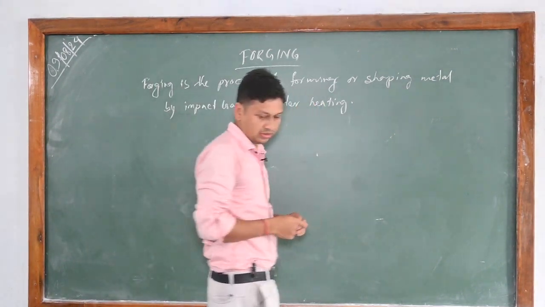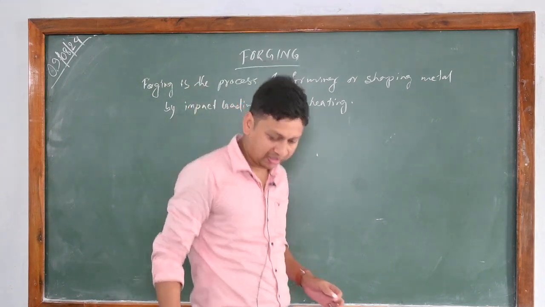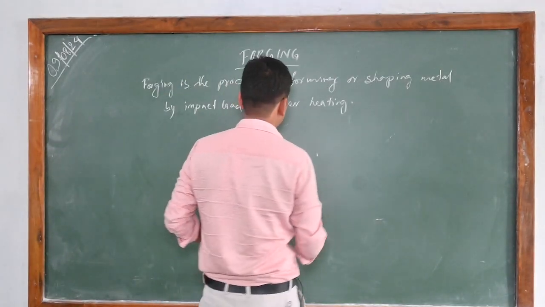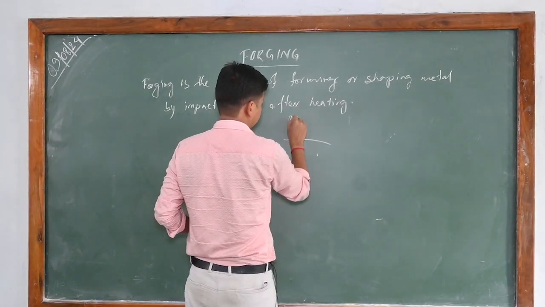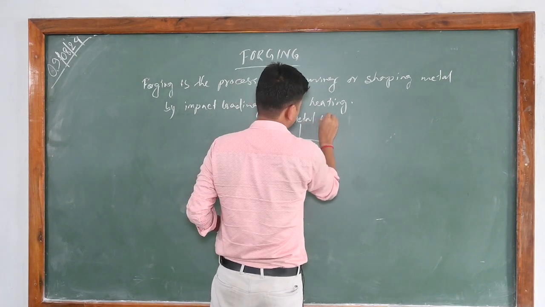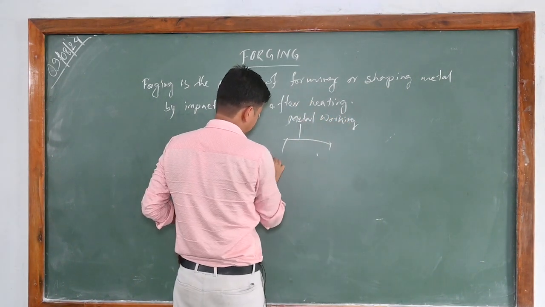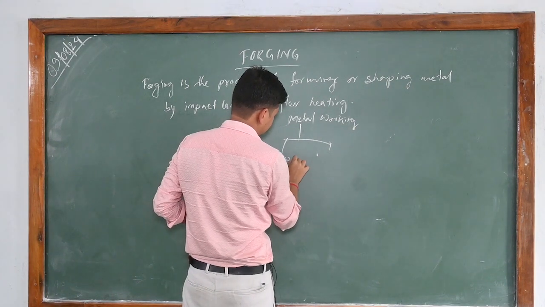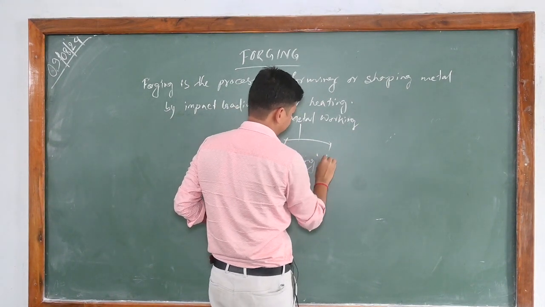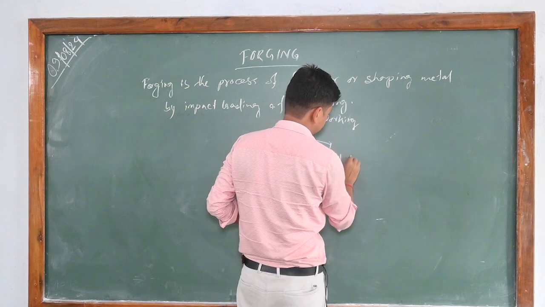We know that in metalworking there are two types. One is hot working, another is cold working.